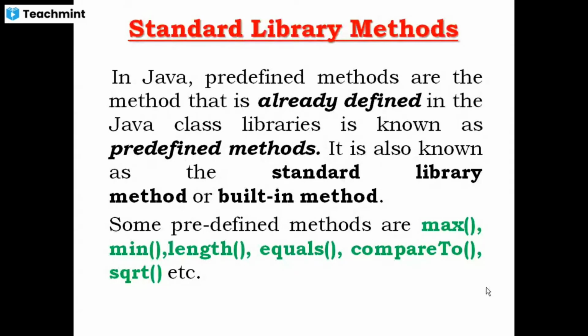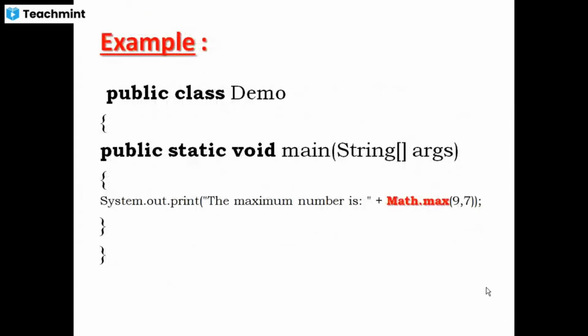Okay. Let's take an example of a built-in method, and how we can use this type of method. Public class Demo, this is the class name. Then we start our main function, public static void main String args, and then directly we can print the maximum number with Math.max(9, 7). So that means we have a Math library available with Java in which we are using the max method.